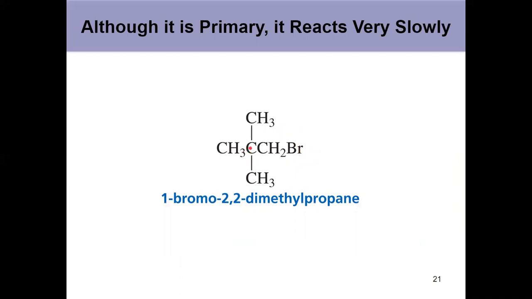So yes, it is primary, but it's also reacting very slowly because that next carbon has a bunch of alkyl substituents on it. Keep in mind backside attack: it's blocking approach of a nucleophile. So something else to pay attention to is the total environment of that electrophilic carbon. If there are things present there to block the approach of the nucleophile, it's going to react slower.